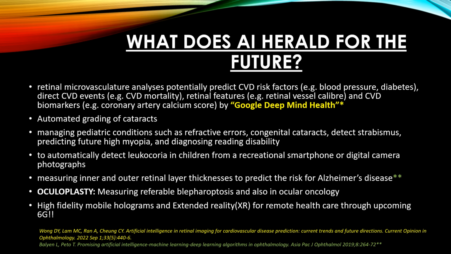Then it can help in automated grading of cataracts, managing pediatric conditions such as refractive errors, congenital cataracts, detecting strabismus, predicting future high myopia, and diagnosing reading disability, to automatically detect leukocoria in children from a recreational smartphone or digital camera photographs, measuring inner and outer retinal layer thicknesses to predict the risk for Alzheimer's disease, in oculoplasty for measuring referable blepharoptosis, and also in ocular oncology for grading of the tumors, high fidelity mobile holograms, and extended reality for remote healthcare through upcoming 6G.